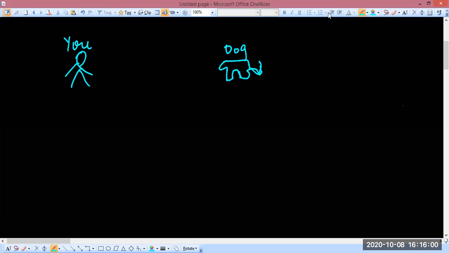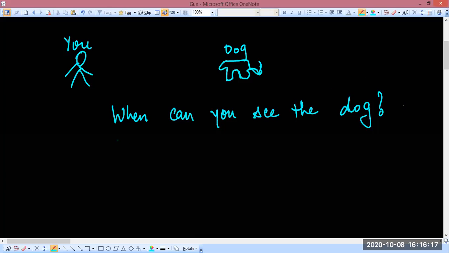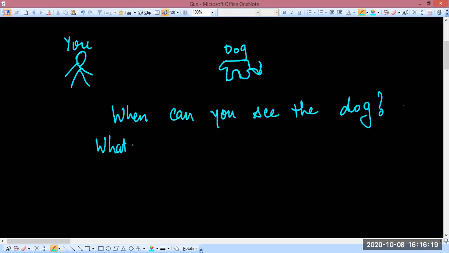So the question is, when can you see the dog? Can you answer this? When can you see the dog? Or what is the condition? What is the requirement or condition for you to see the dog? Speak.